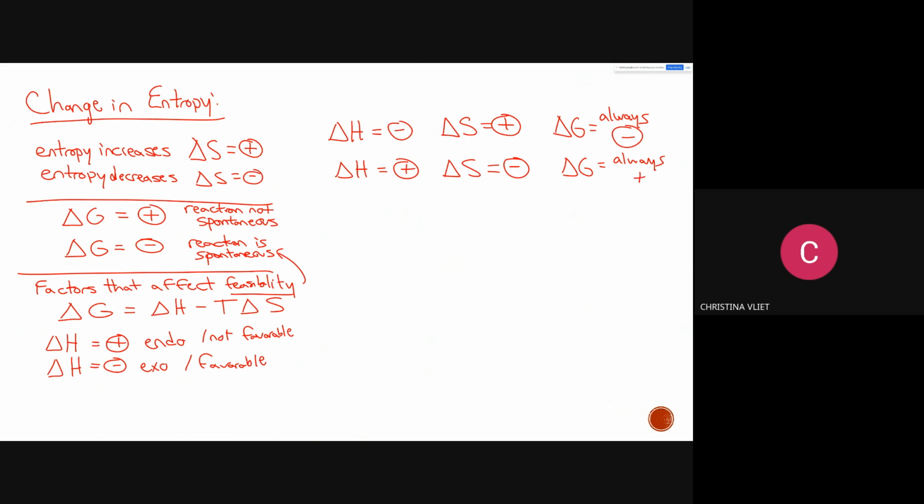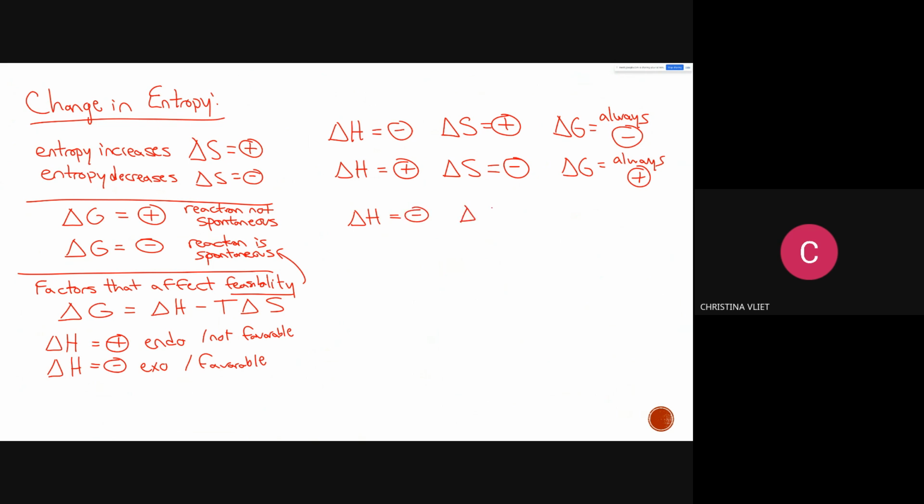And there's no temperature that you can change the reaction to make this reaction happen. So if the signs are different for your delta H and your delta S, the reaction's either always favorable or it's not favorable ever.